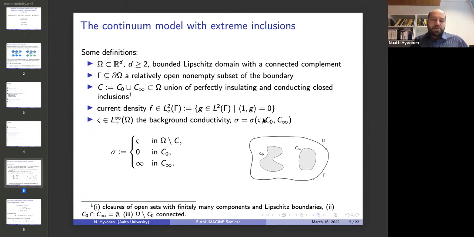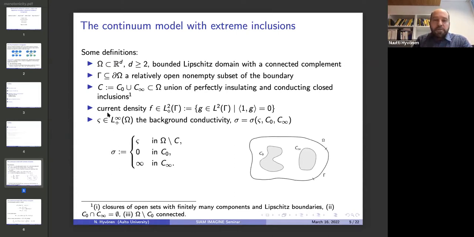Then I will consider only partial measurements, so there's some open non-empty subset of the boundary where I assume that I can carry out the measurements. The theory works in principle for any open non-empty subset of the boundary. Of course, you may assume that everything is more stable if you have a large portion of the boundary where you carry out the measurements.